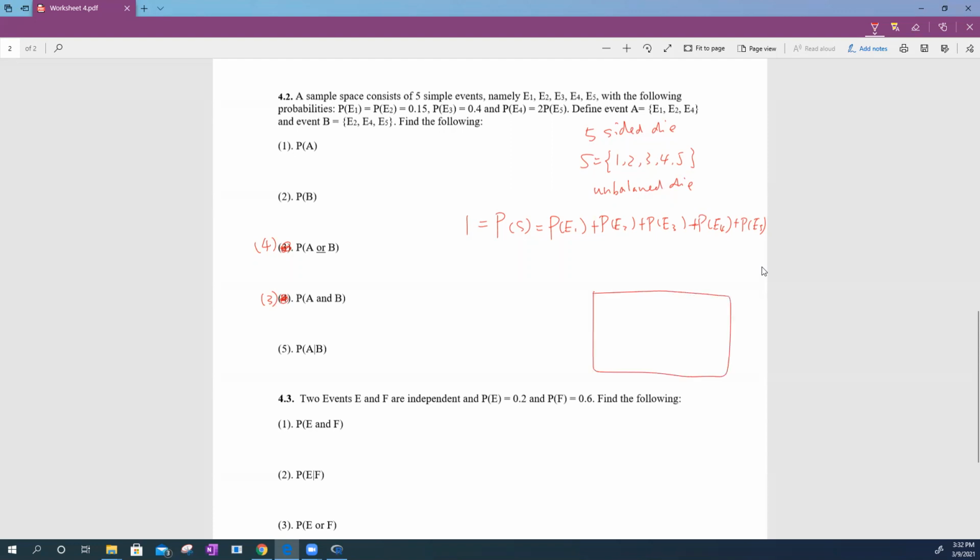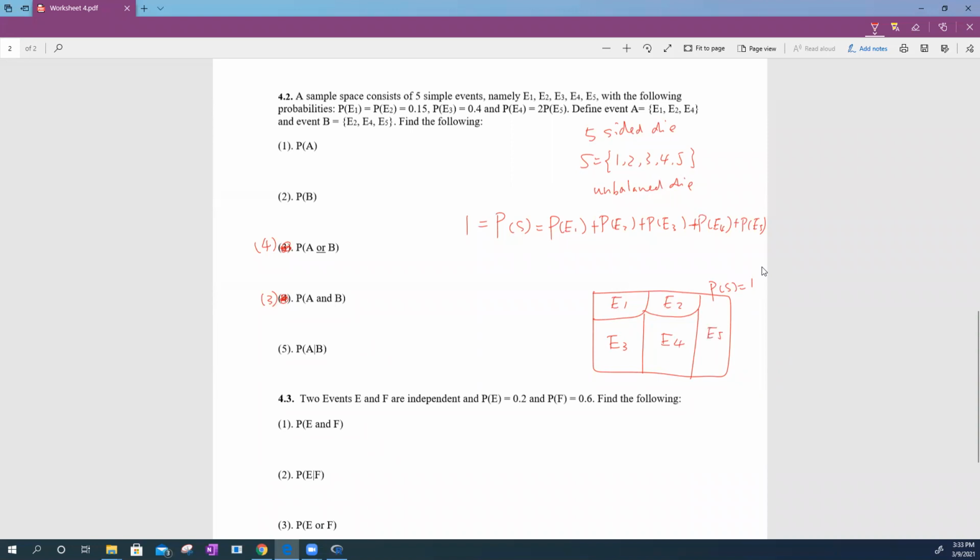If we use this area to represent the probability of the sample space, that is 1. And then we have E1, E2, E3, E4, E5.